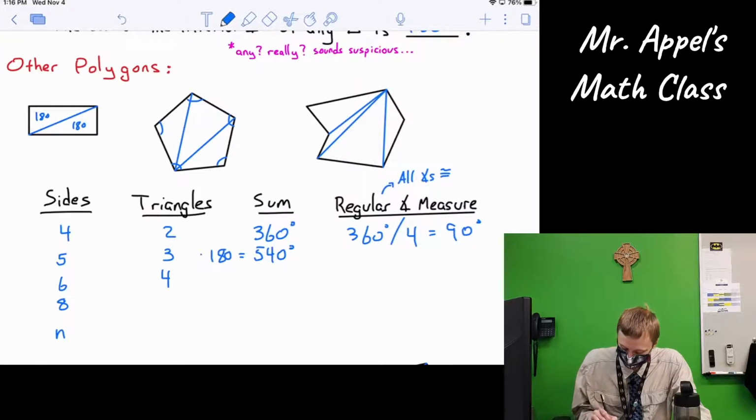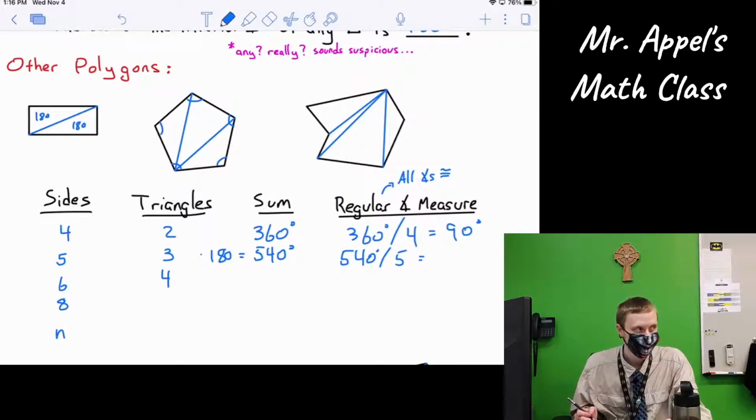And next up, take 540. If you divide that into all 5 corners, you get what? 540 divided by 5. It's at least 100. I know Ariel's not the only one with a calculator.